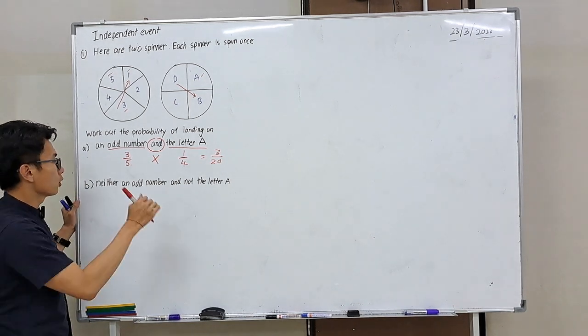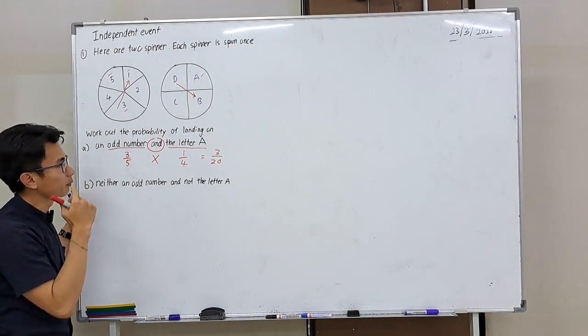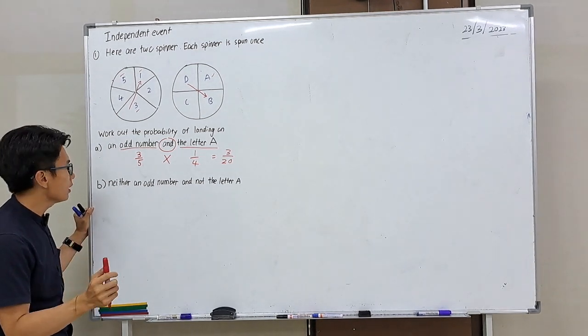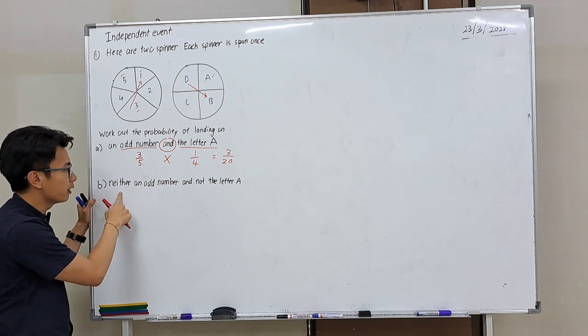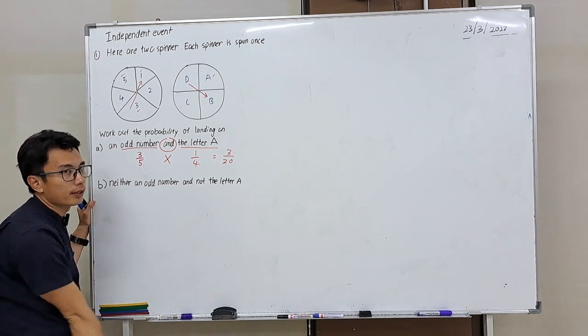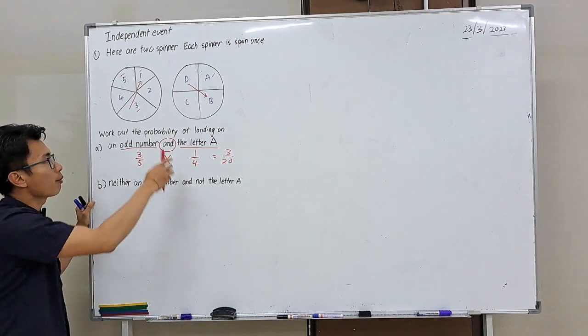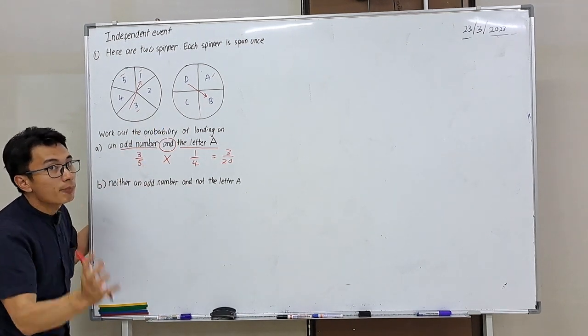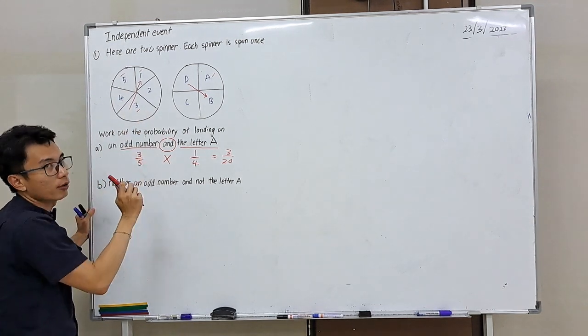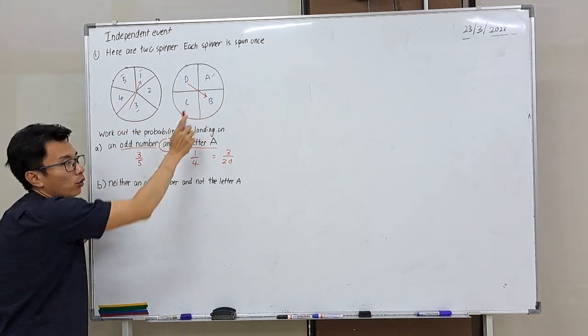Let's look at the second example. What's the probability that I will get neither an odd number nor the letter A? Remember, these two events are independent events. Whatever result I get over here will not affect the result I get over here.